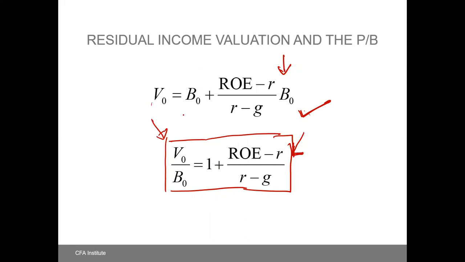But you can recall that we explained that price to book value multiple is connected to the residual earnings, and this is the way that they are connected.